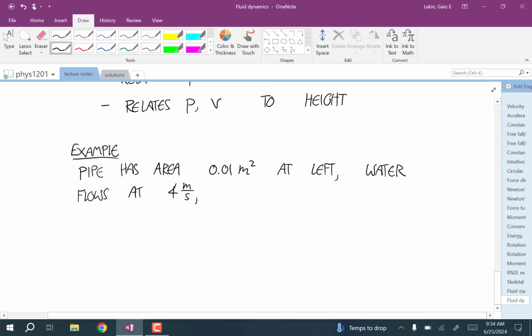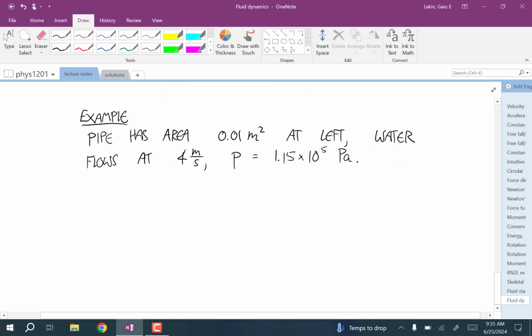And we also know the pressure there, and so the pressure is equal to 1.15 times 10 to the 5th pascals. And the pipe does this. So it starts out like this and then constricts. Okay, fluid is going this way through the pipe.